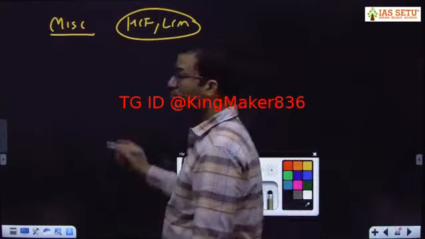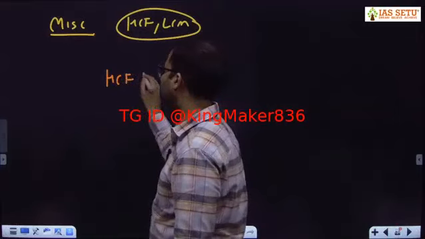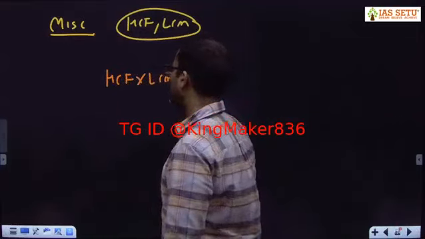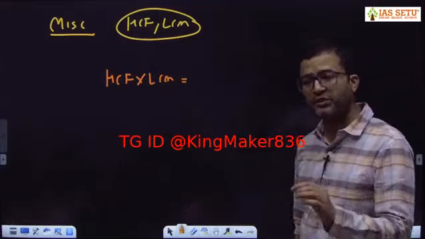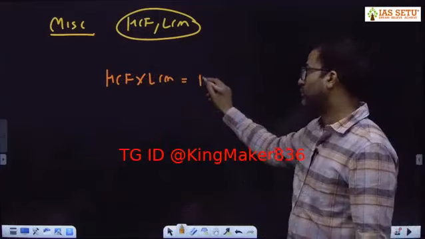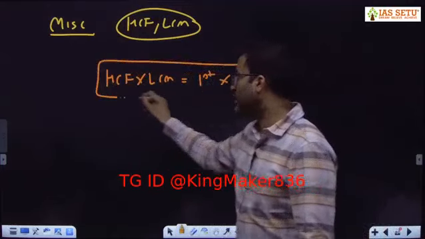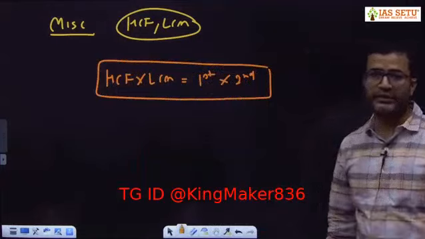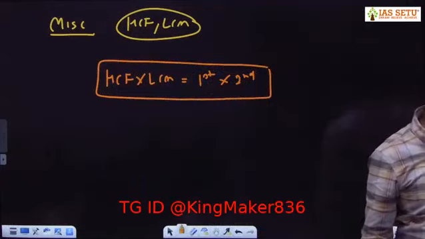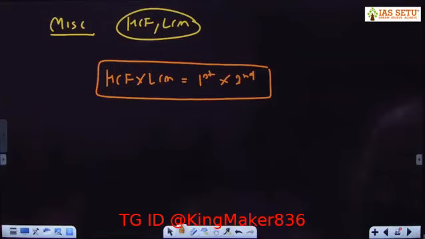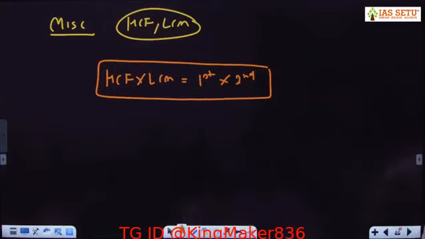That observation is: the multiplication of HCF and LCM of two numbers is always equal to their product. First number into second. You write this formula and I will dictate, and I will tell you where we can use this. HCF into LCM is equal to first number into second.